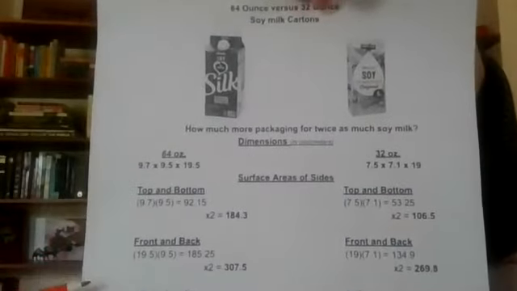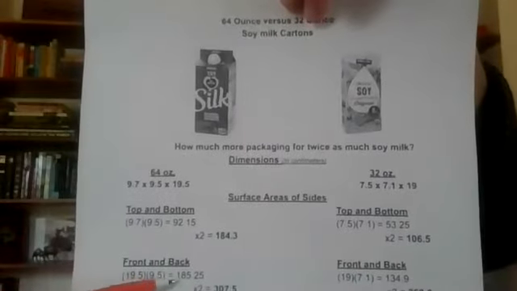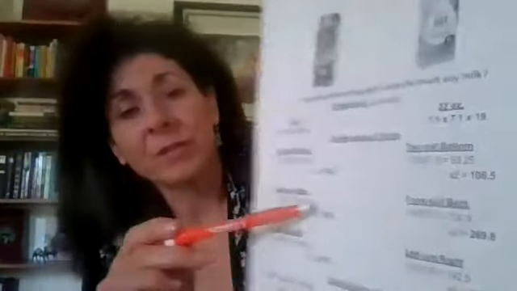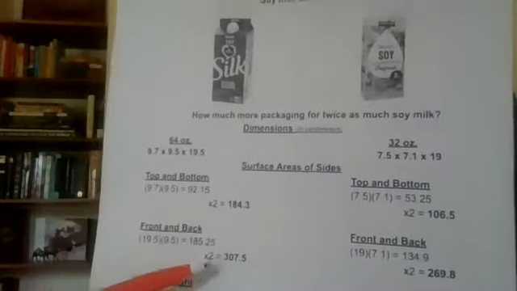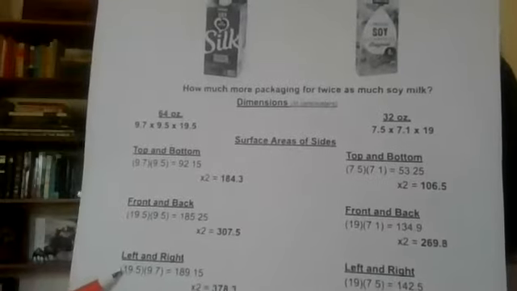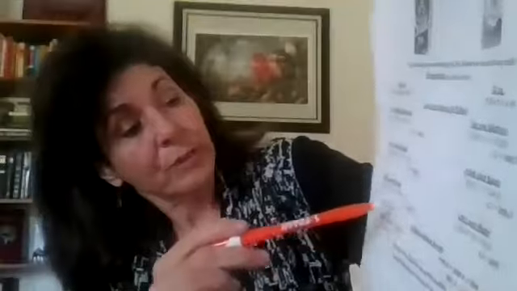Then the front and the back, 19.5 times 9.5, 185.25, double that, 370.5 centimeters squared. There's a typo on here, but it'll be correct when you get it downloaded. And left and right, the last 2 calculations, 19.5 times 9.7, 189.15, doubling that.